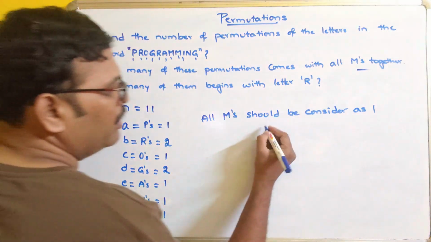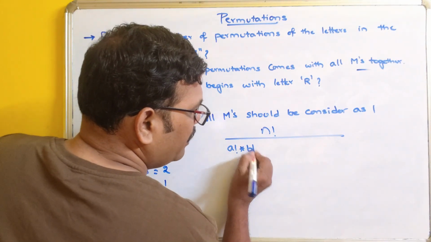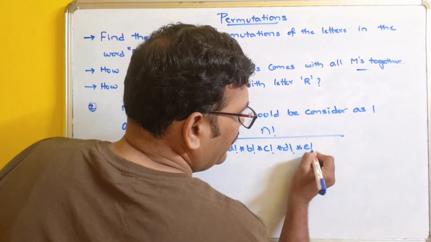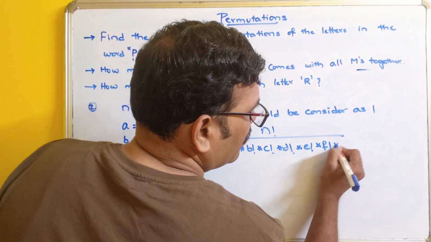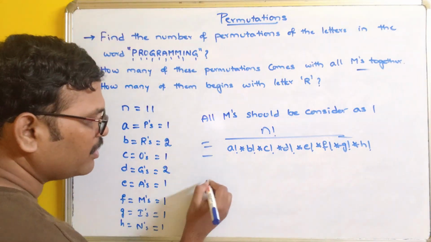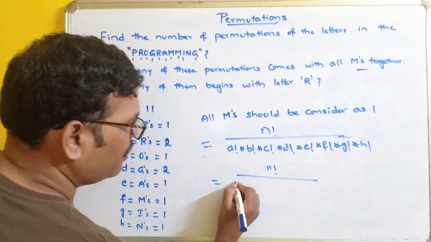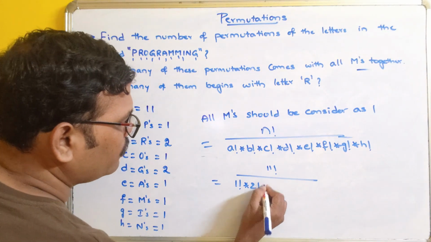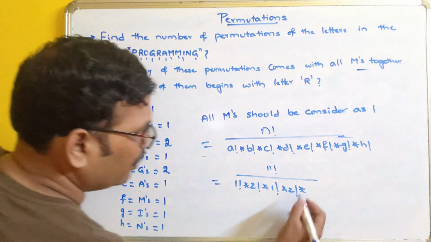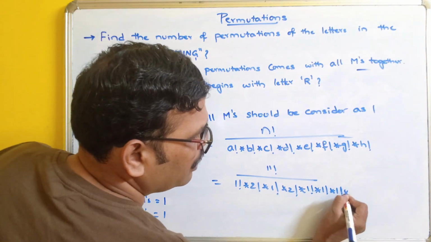Similarly, we can go with the same formula, n factorial by a, b, c, d, e, f, g and h. So 11 factorial by 1 factorial, 2 factorial, 1 factorial, 2 factorial, and all the rest 1 factorial into 1 factorial into 1 factorial into 1 factorial.